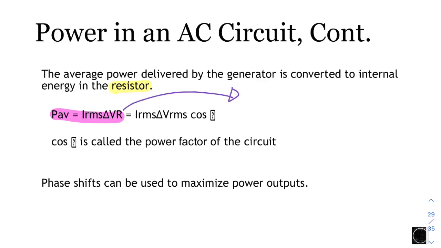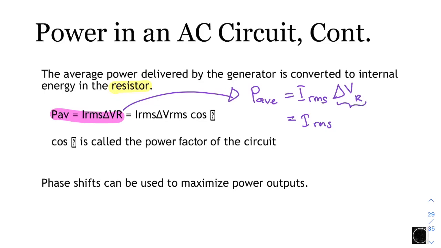If I rewrite this, average power is the I flowing within the circuit times the delta V of the resistor, because the resistor is the only one causing the energy loss or power loss dissipated from the circuit. If you don't have the delta V across R, you may replace it with I RMS.